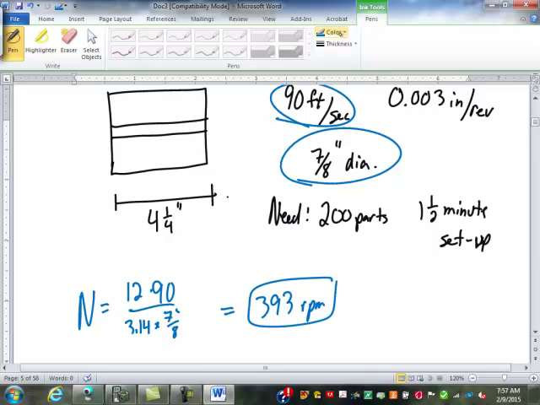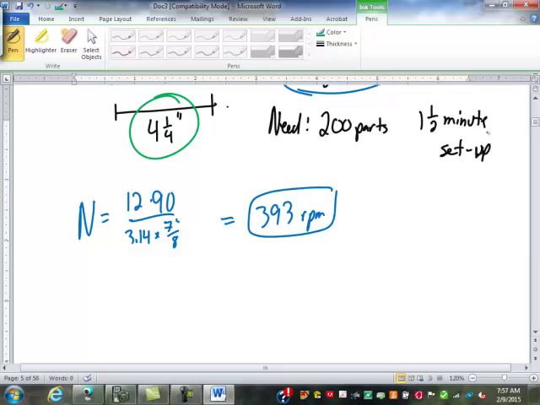Where do I go with that? I have my length to cut, 4.25. My feed rate of 3 thousandths. What am I going to do? Perfect.